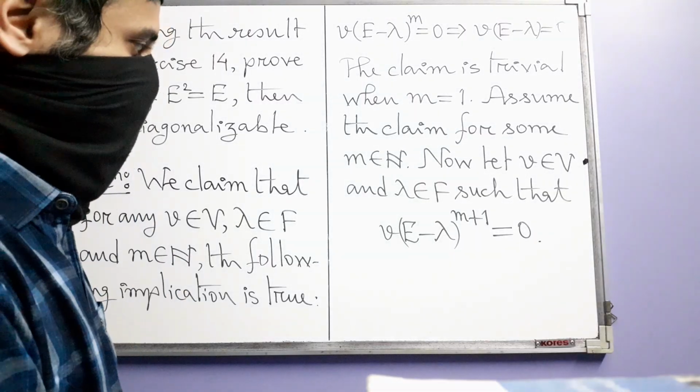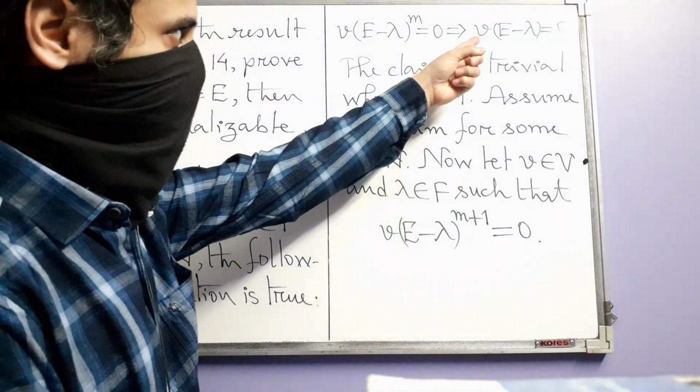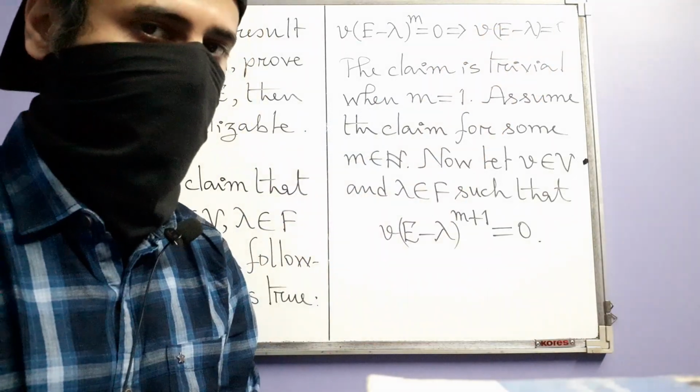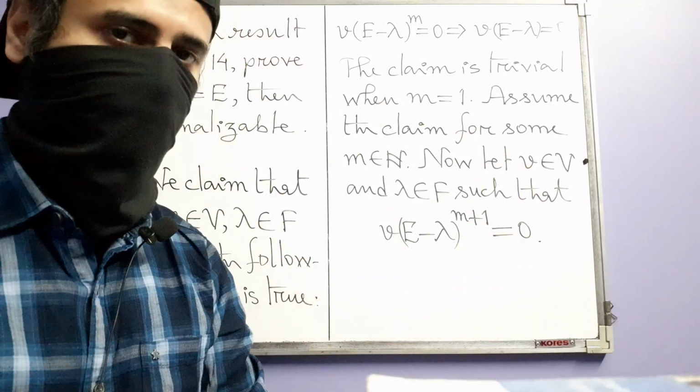So what is our aim now? We now want to prove that v(E minus lambda) is also equal to 0 under the assumption that this is true.